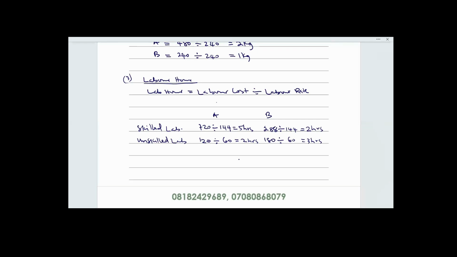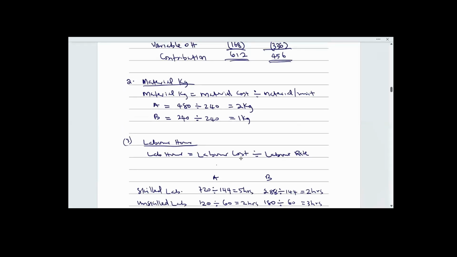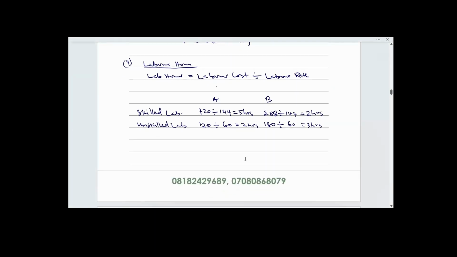Then for machine hours, we are told that variable overhead is 84 naira per machine hour. So 168 divided by 84 is 2 hours.